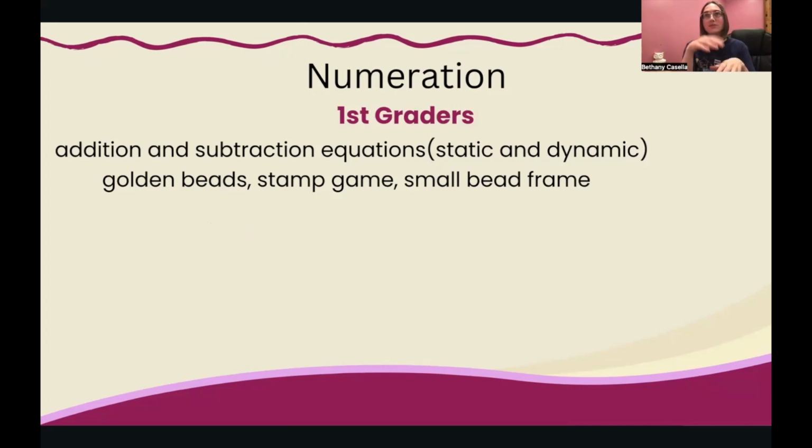I know also some people show all the first years all the different numerations in one, like all the addition, subtraction, multiplication, and division throughout the year. They show them all in the golden beads. I tend to just stick to the addition and subtraction, and then when kids get to second and third grade, then they could see the golden beads if they want to see that.